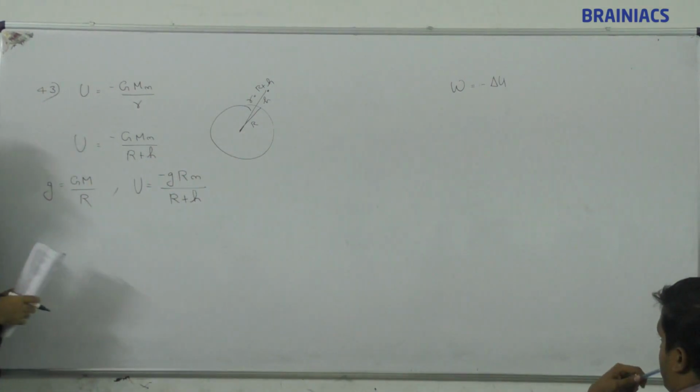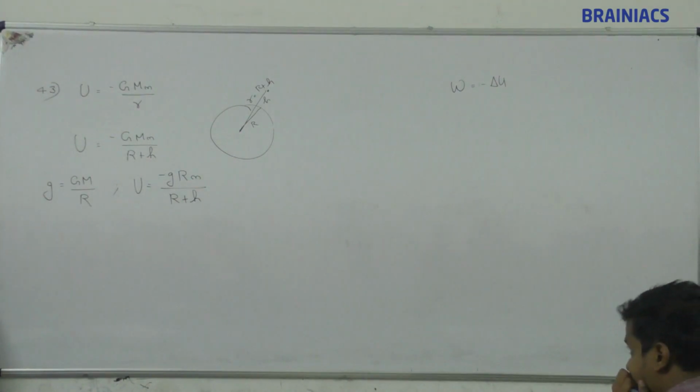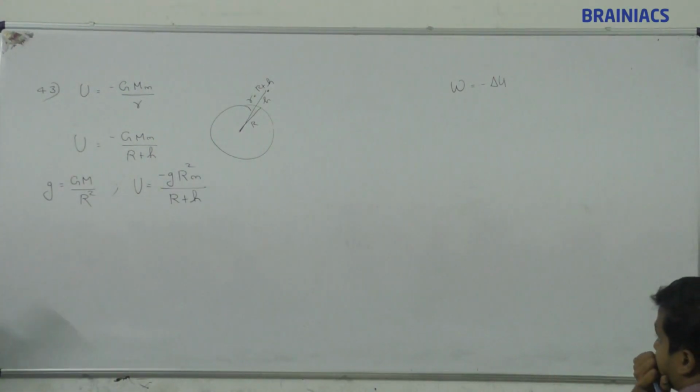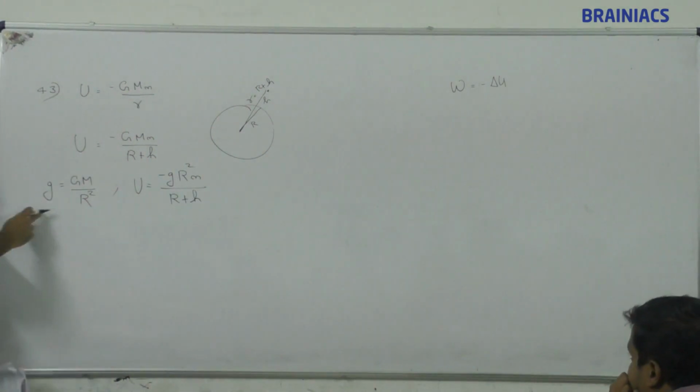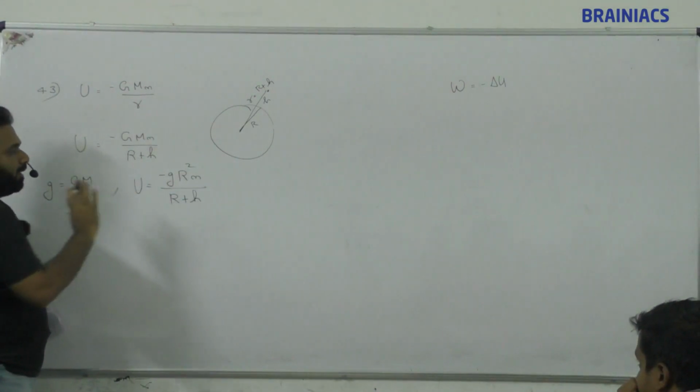Can I write like this? Correct? Simply I substituted GM by r and g. Now look at the question. g is GM by r square, correct. So we will have r plus h.